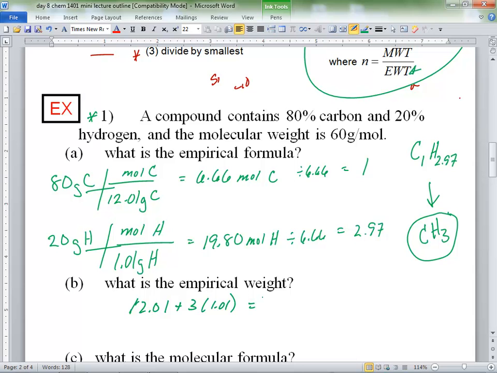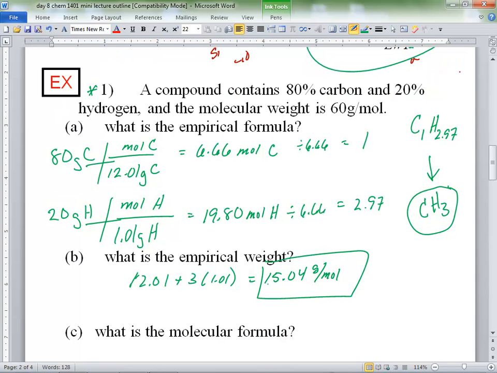Easier just to do that in the calculator, but 12.01 plus 3 times 1.01, about 15.04. There's my empirical weight. It's just the molar mass of the, what formula? Empirical formula. And the more you use the terminology, the easier the game plan will get.